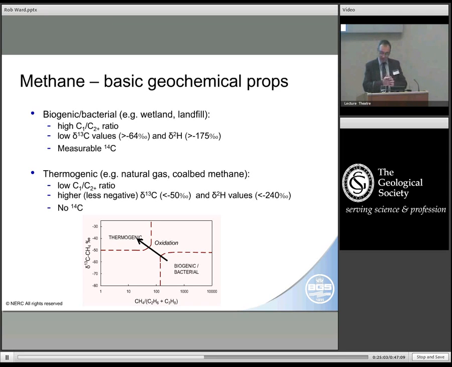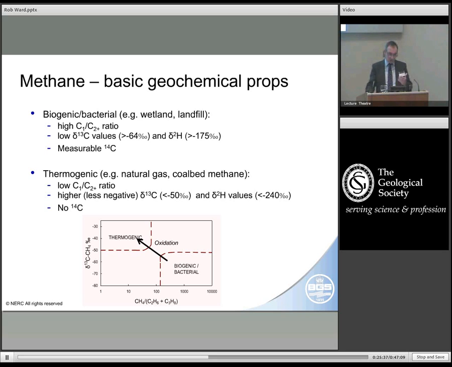Biogenic methane is principally produced in the near surface as a result of the microbial decay of organic material, and thermogenic methane is produced at depth by the transformation of organic material under high pressure and high temperatures. As a result of the different processes of production, the gases can have different properties, and one of the properties we can look at is simply the composition of the methane and its associated gases.